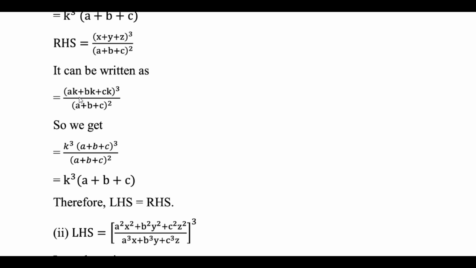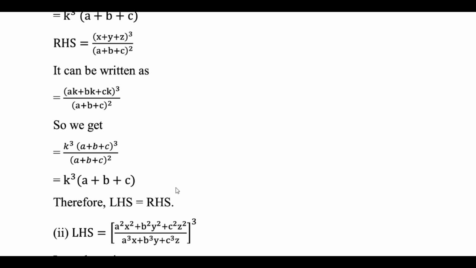After that, taking k common, k cube, so a plus b plus c cube will remain, and a plus b plus c square. After that, we can write k cube into a plus b plus c. Here square, here cube, 3 minus 2 will be 1, a plus b plus c will remain. So left hand side will be equal to the right hand side.